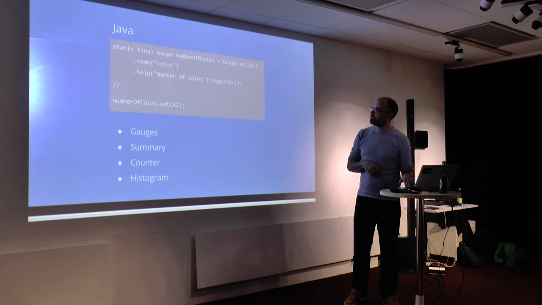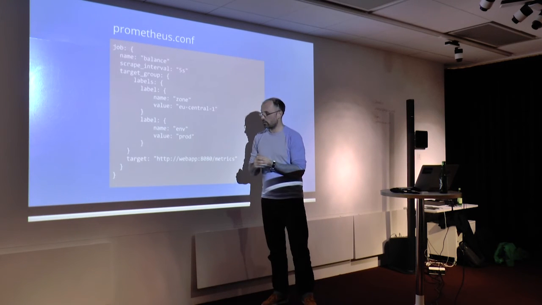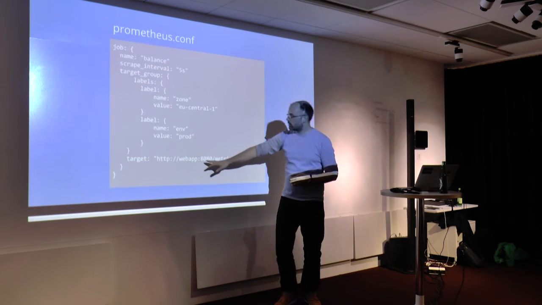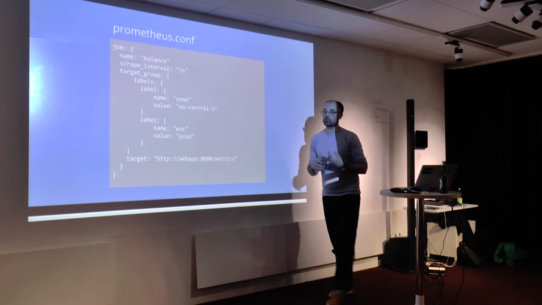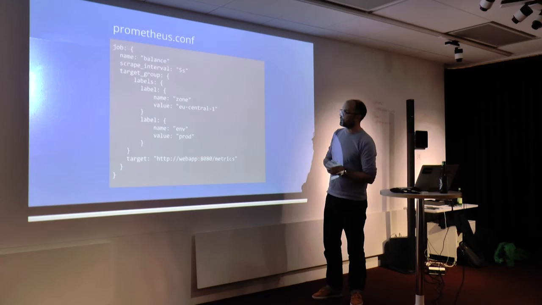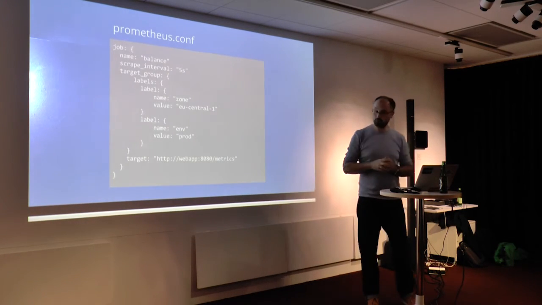And for scraping, you just add a new job in the Prometheus configuration. I add a new target here for my web app, and I also label it with some labels that I choose myself. For instance, I'm going to label it with environment production, and I'm going to give it, here again, the zone EU central 1.